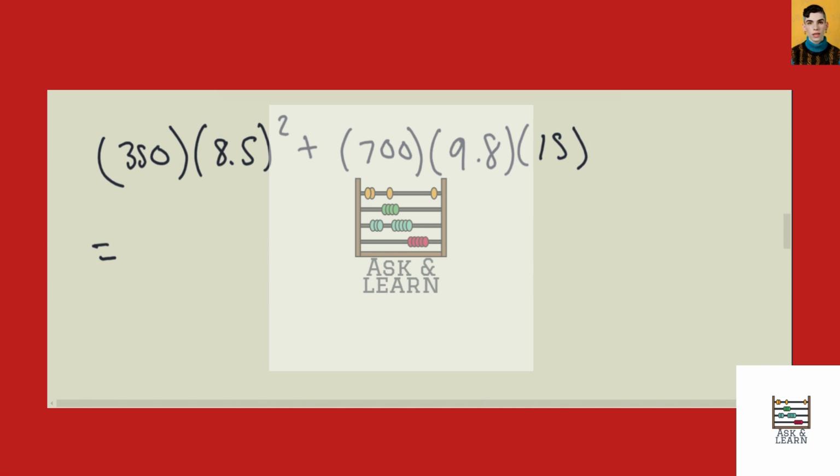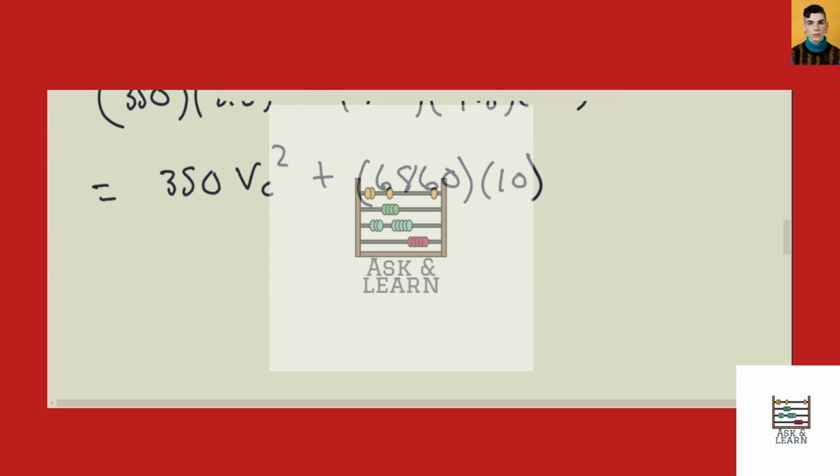So we have half of the mass, 350, times vC squared, plus mass times gravity, 6860, which is just the weight, times the height at C, which is given as 10. So when we plug everything in and solve for the velocity at C, we get vC equals 13.1 meters per second.